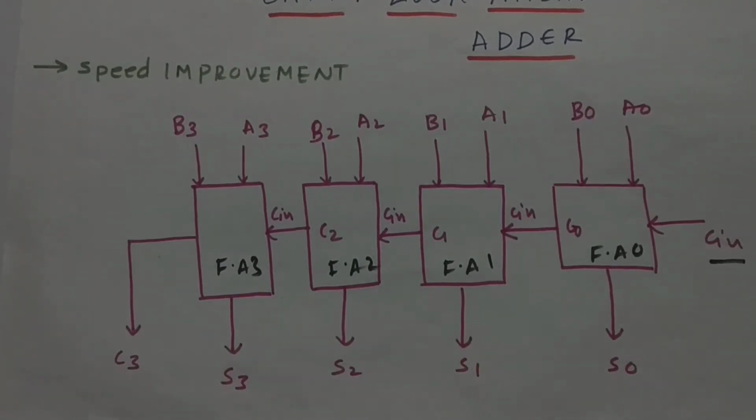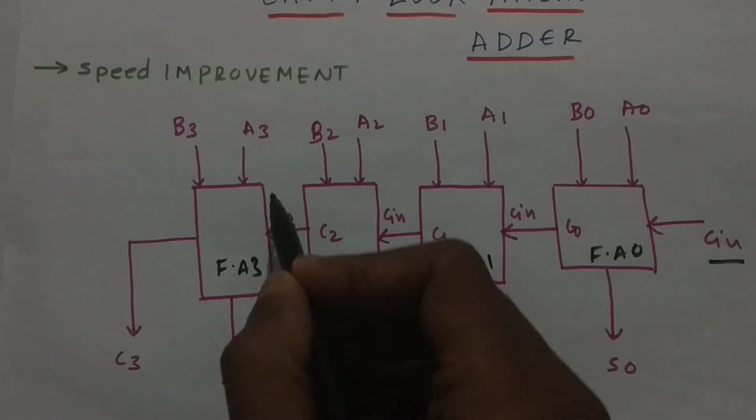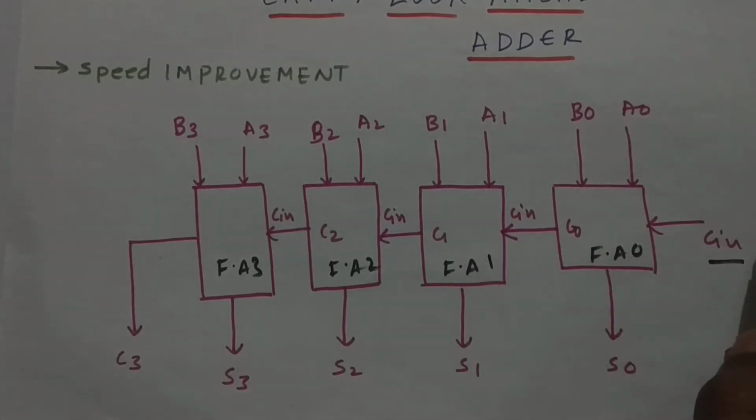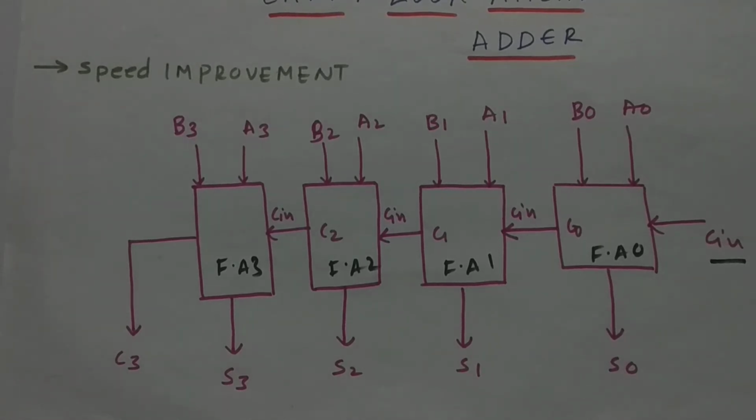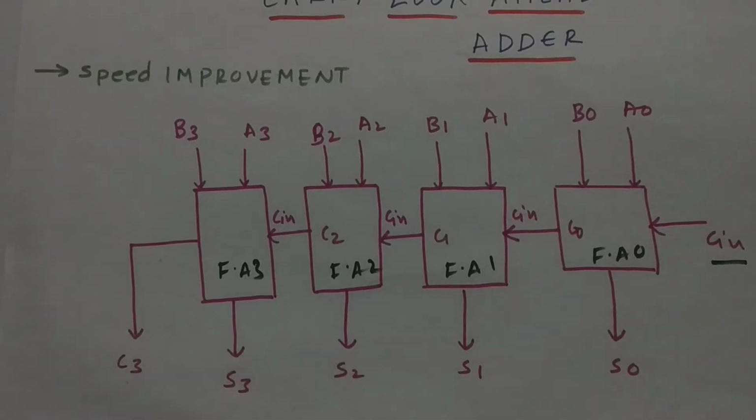What if we get all the C-ins at a single time, that means parallelly, at 2 seconds? That means the output will be generated at 4 seconds. That's it. We are reducing the time by 50% approximately based upon this example.